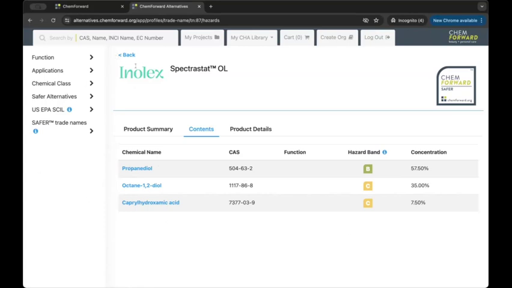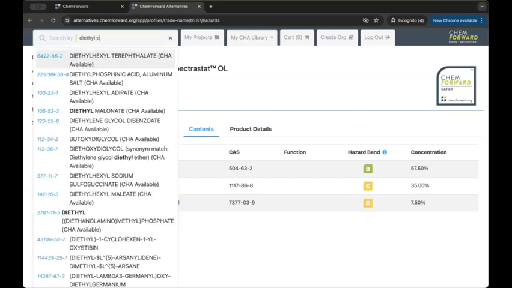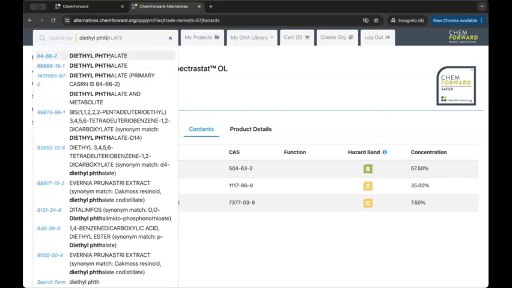So these are the left-hand search bars. Another way that a user can go about this journey is using the search bar on top. An example here, I think one of the ones that we consistently use is diethyl phthalate.